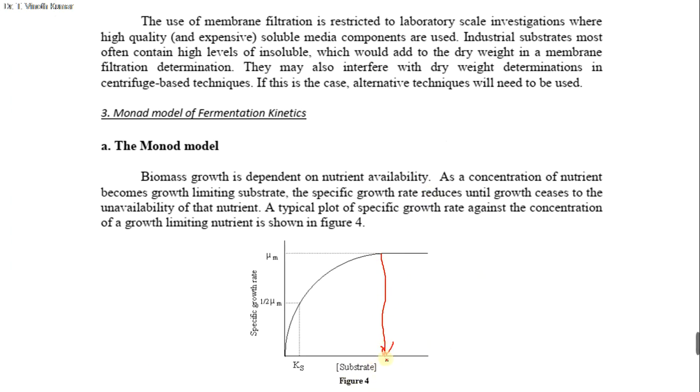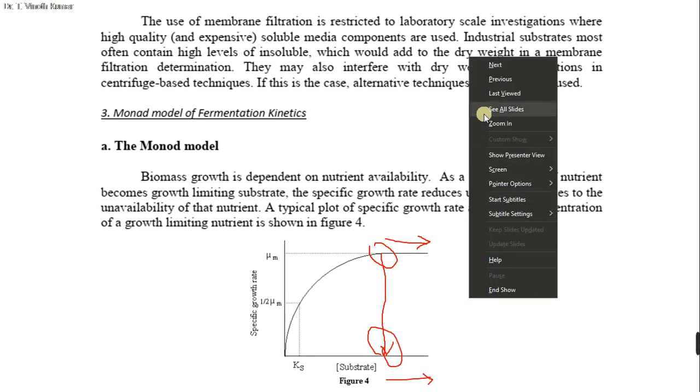At this point of substrate concentration, the specific growth rate is constant, attaining a saturated level. After that, if you increase the substrate concentration, there is no increase in the specific growth rate. That means till this level you can maintain the substrate concentration, and beyond that there is no need to increase it. So that is the indication from this.